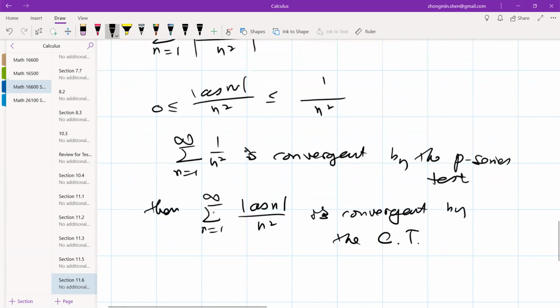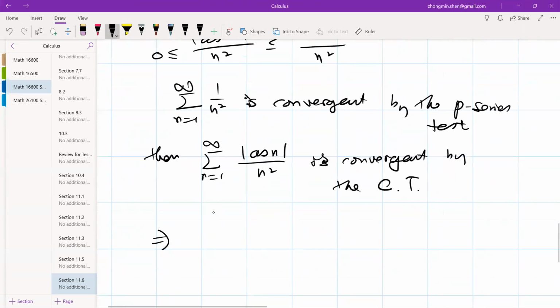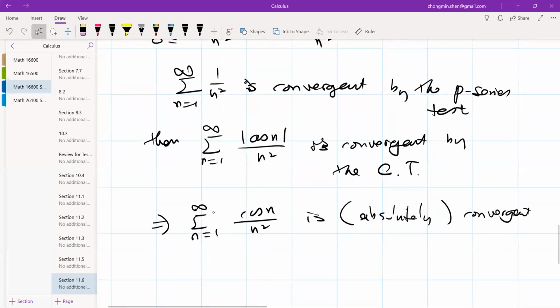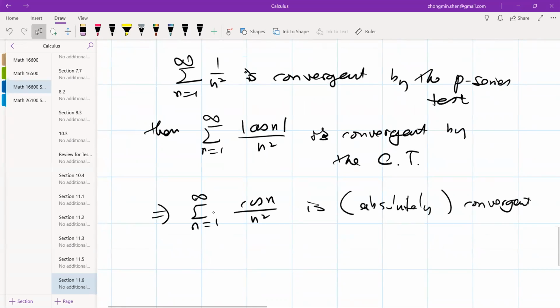Okay, got it. So then this implies the series is convergent. Now if you want to say absolutely, you can say that. If you just ask whether it's convergent, then you just say it's convergent, because it's absolutely convergent.